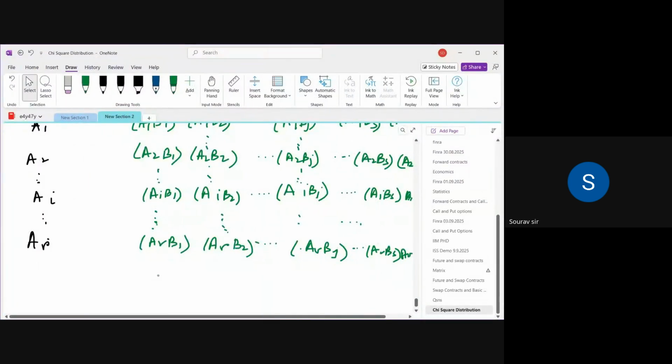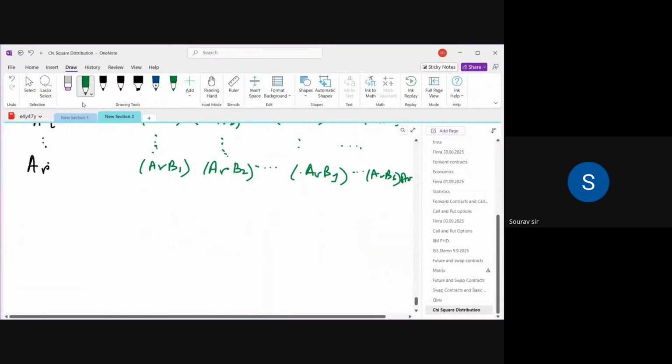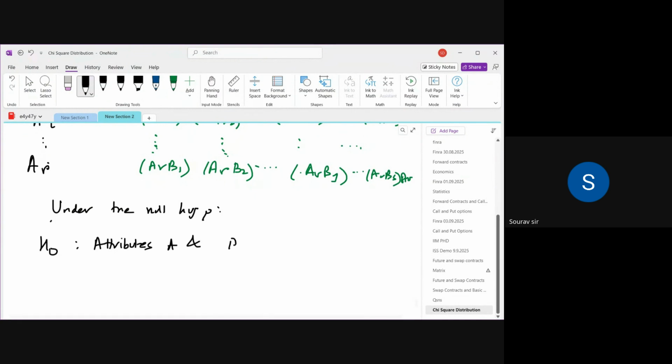So now this is a table. Under the null hypothesis H0, attributes A and B are independent. Okay.